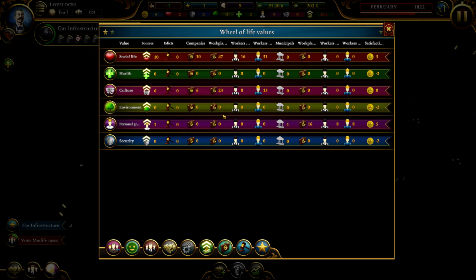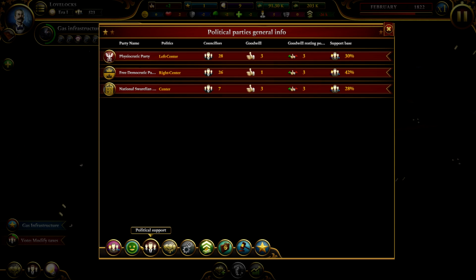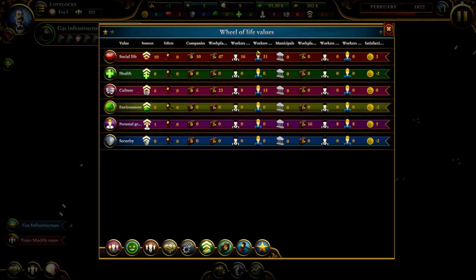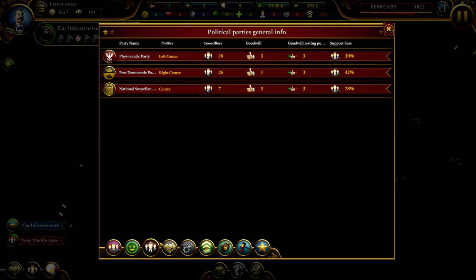It's a lot of stuff that will probably become a bit more apparent to me as we learn more about the game. Political support. Oh, how many workers are actually working in that industry? I guess that's what that means. Workers company. It's not really apparent to me what all this means yet.